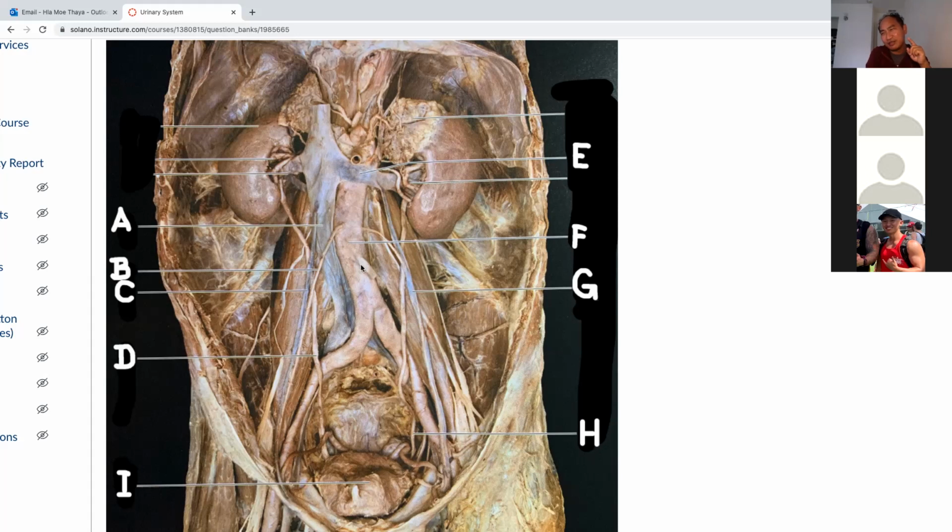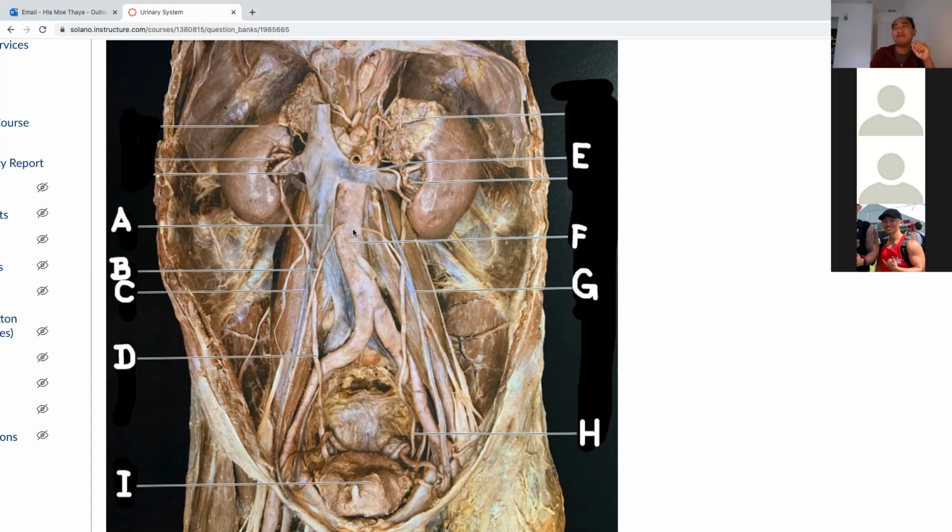So either the renal or the gonadal. If it is a renal artery, it should go to the kidney. This is below the kidney, so it is the gonadal artery. Right gonadal artery and left gonadal artery here.